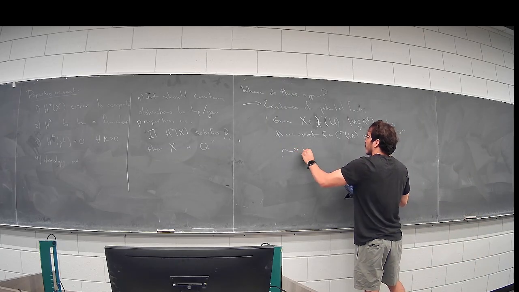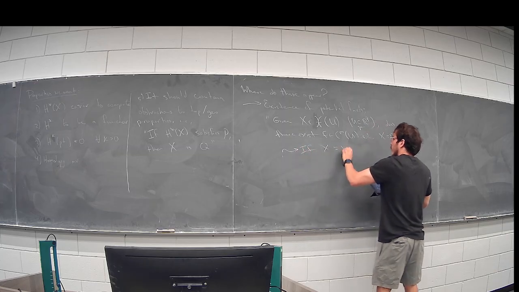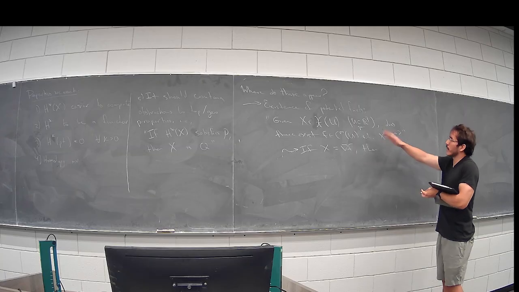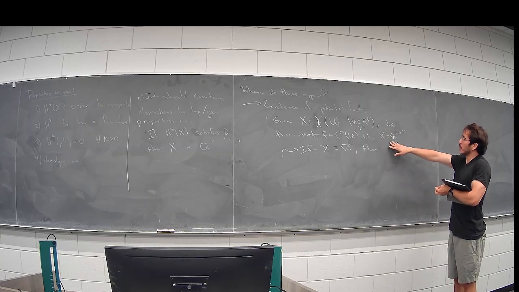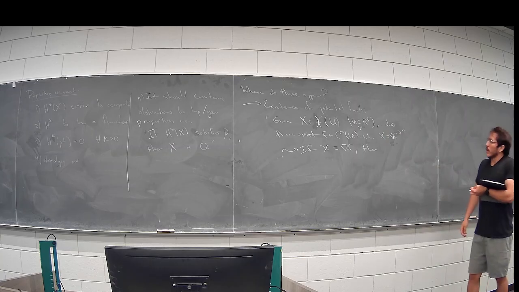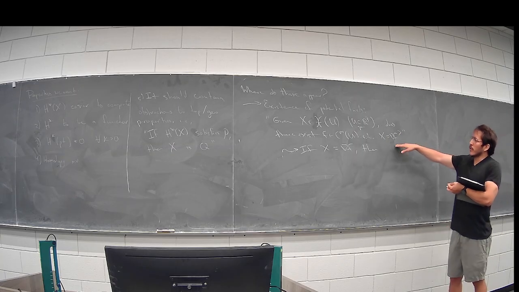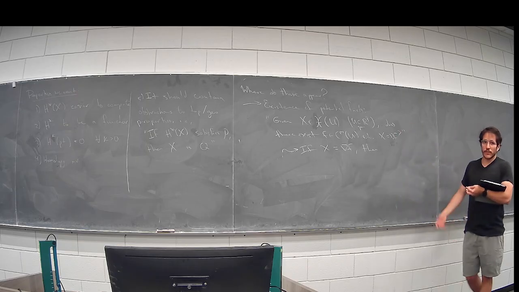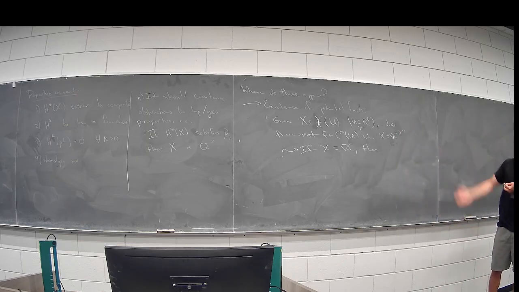If X is equal to the gradient of f, first off, you can try to look at all the vector fields mod those that are of this form, and the non-zero elements of that quotient space are going to be those that don't satisfy this. But this space is way too large. If you look at the space of all vector fields, it's huge.